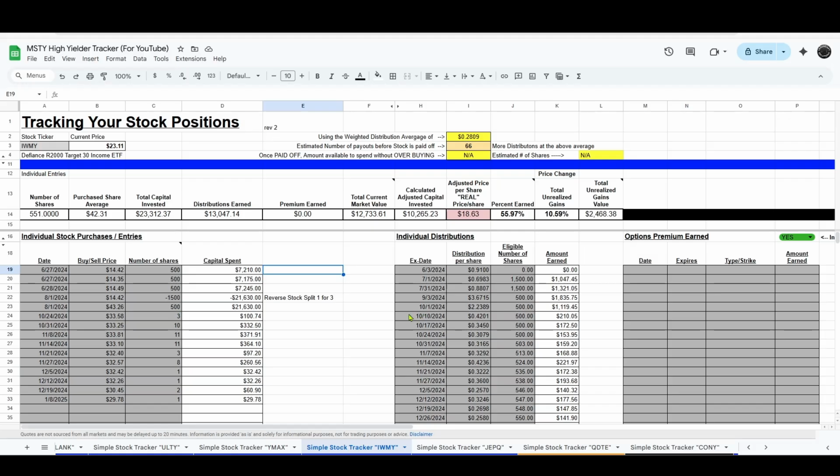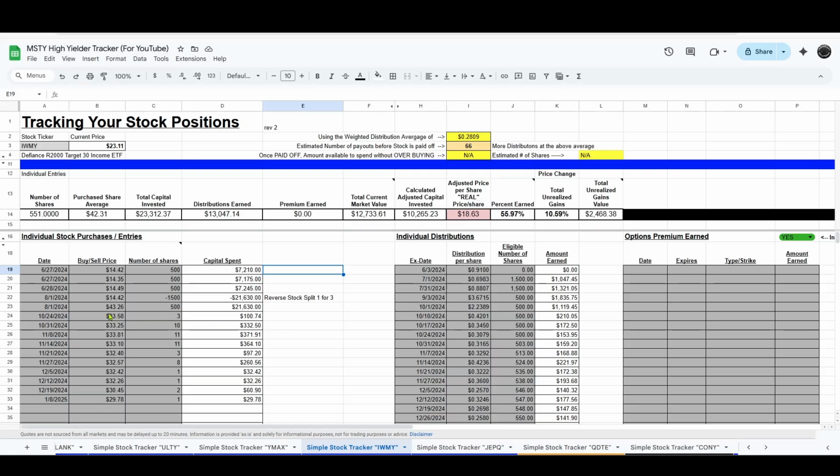And of course, as that price decreases, so does normally the distribution. So eventually now you have 500 shares times a small dollar amount of distribution versus the 1,500 of the small dollar amount, right? You can see where you can start actually losing money on a reverse split.